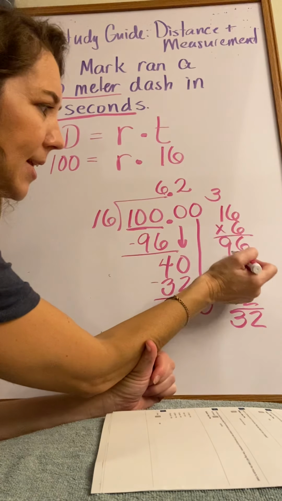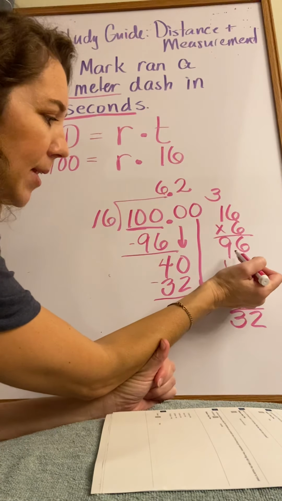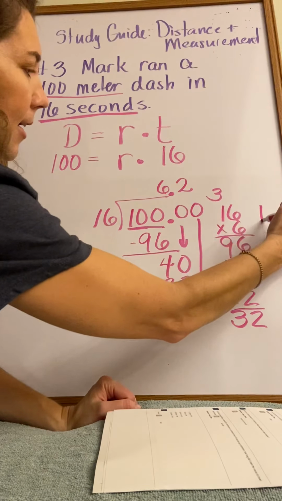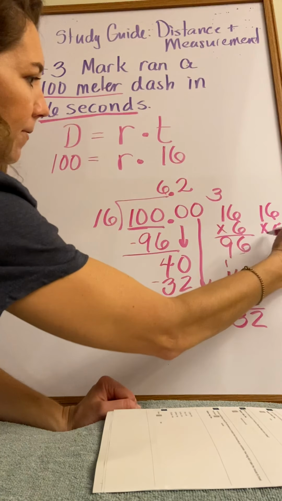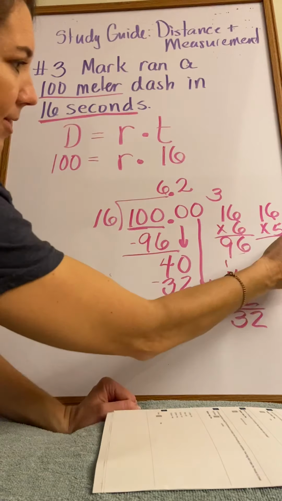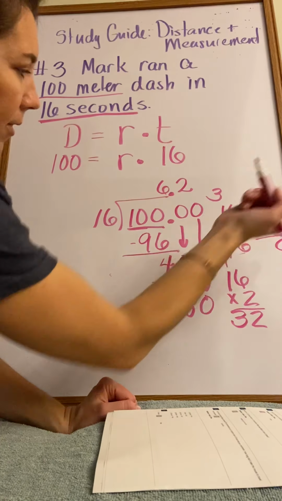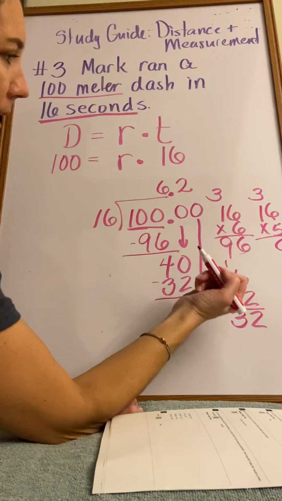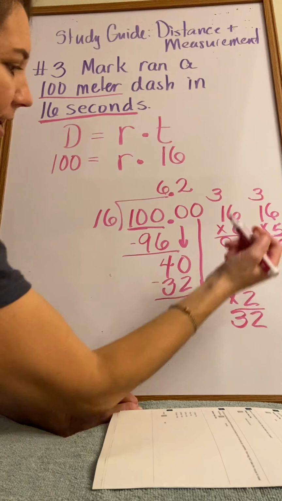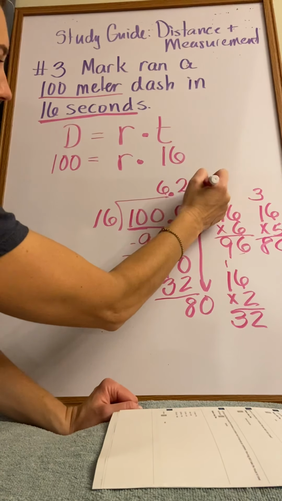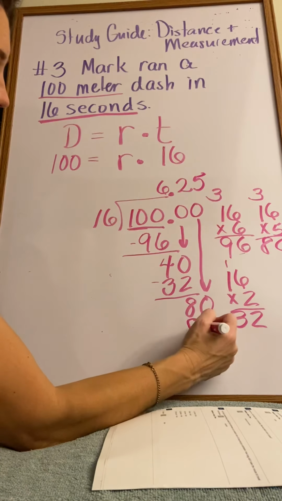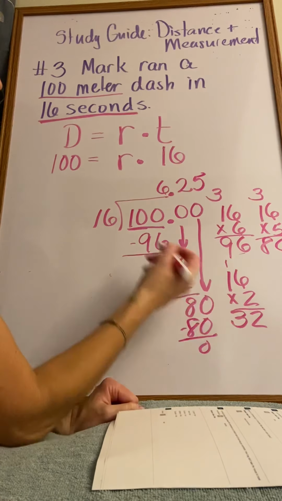If 16 times 6 is 96, I'm going to try 5. 16 times 5: 5 times 6 is 30. Write the 0, carry the 3. 5 times 1 is 5, plus 3 is 8, 80. So that will go 5 times. 5 times 16 is 80. Subtract and I get 0.